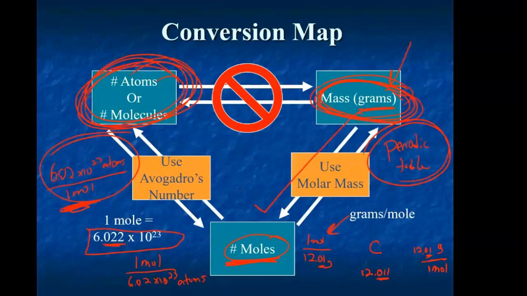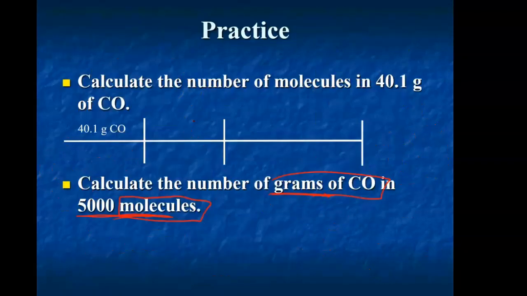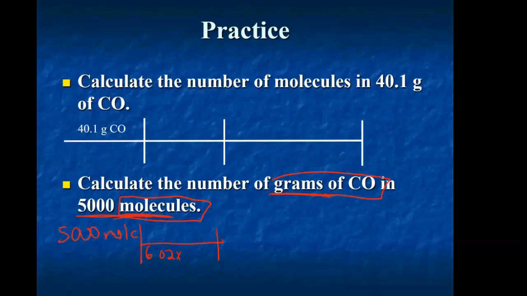We have to go through moles over to molecules, or to molecules from grams. Right, 6.02 times 10 to the 23rd molecules in 1 mole. And then in 1 mole of CO, there's 28.01 grams of CO.